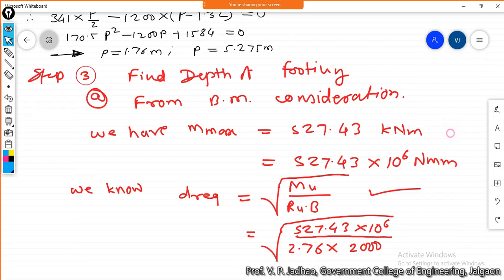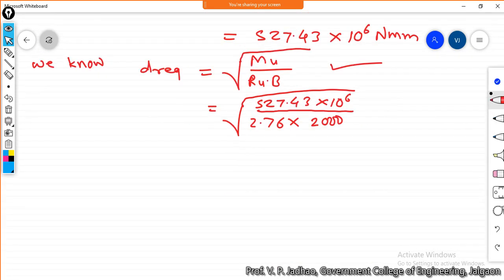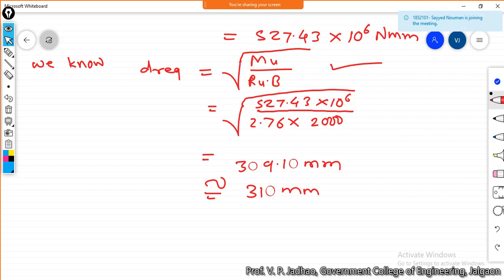So we get D required equal to 309.10 mm. Let us consider this approximately equal to 310 mm. So we have calculated the required depth of our footing from the bending moment consideration. Okay, so shall we stop here?